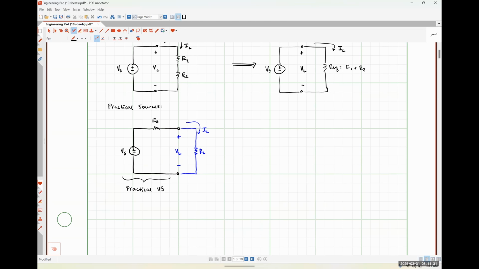The amount of current that it can provide is limited by the internal source resistance labeled as RS. So the better we design a practical voltage source, the lower that RS value will be, meaning it will behave more and more like an ideal voltage source as that RS trends towards 0 ohms, okay?